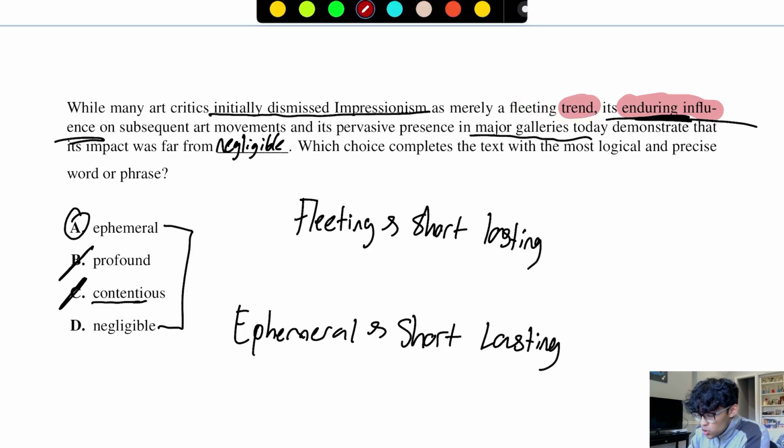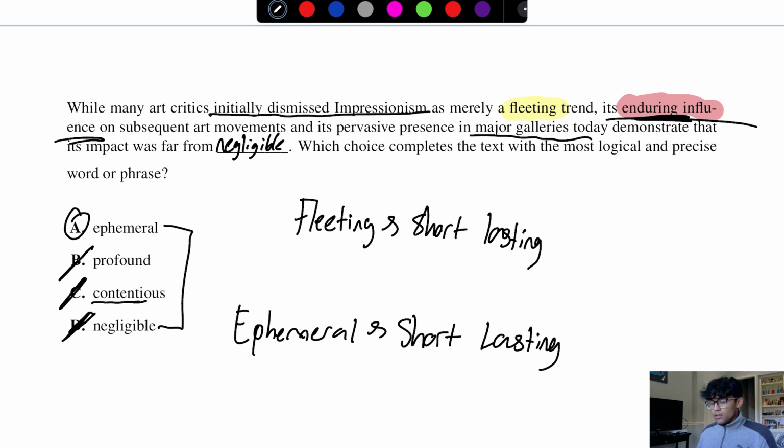They're not saying that impressionism is not important. They're saying that it's important, but it was only important for a short period of time, because that's why the word fleeting is so very important here. It was important because a trend has to be something important, right? It was just important for a short period of time, so that would also make negligible incorrect.